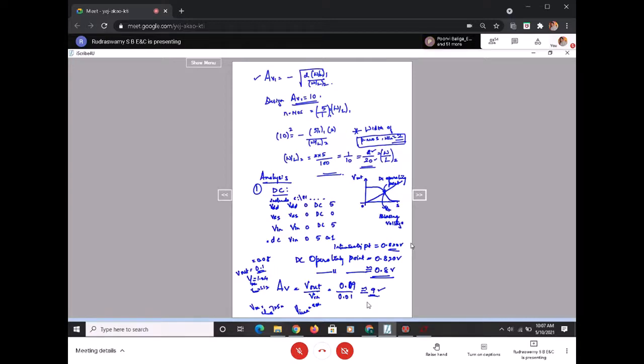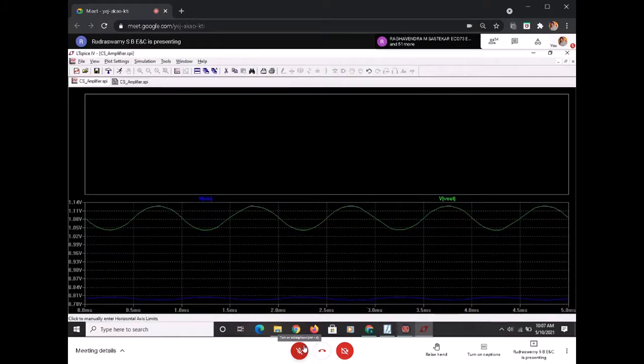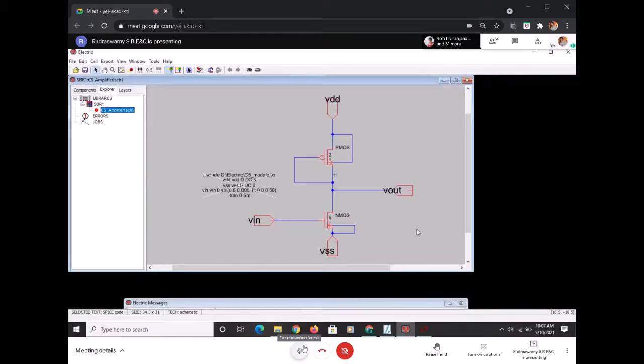But we wanted the gain to be 10. So how do we get still nearer to the theoretical designed value of the gain? Yes, anyone? How to get this now? Yeah, it's all about the mobility. We have assumed the mobility of electrons to be twice the mobility of holes.